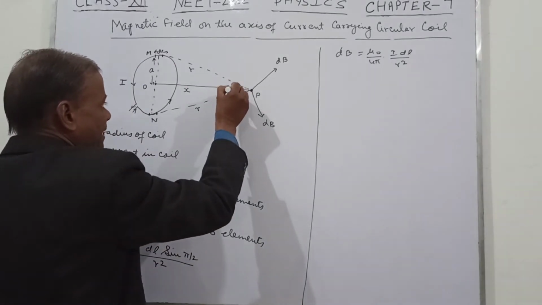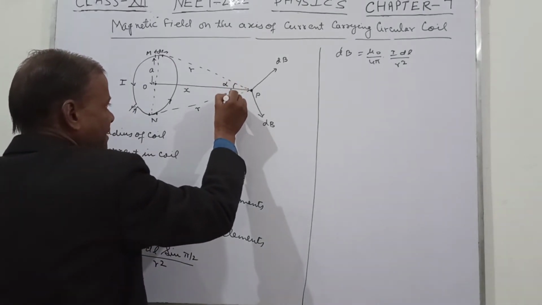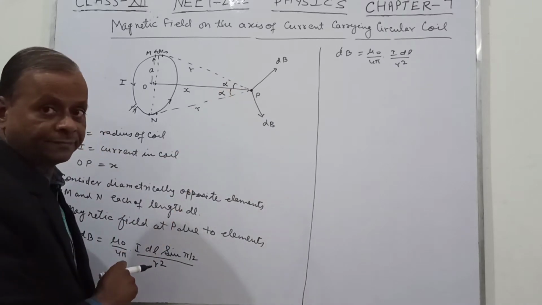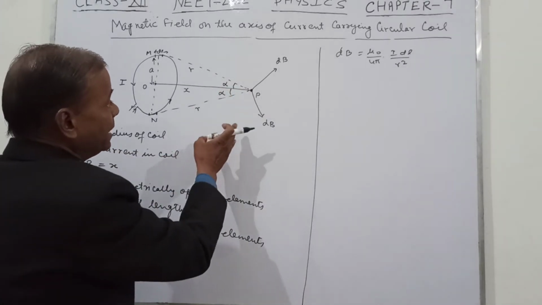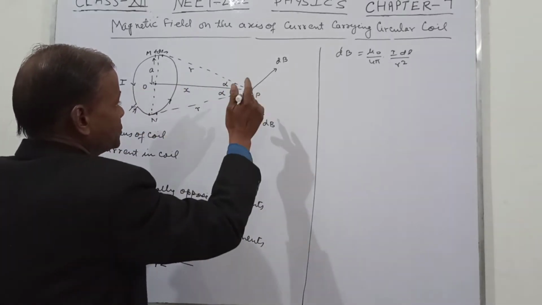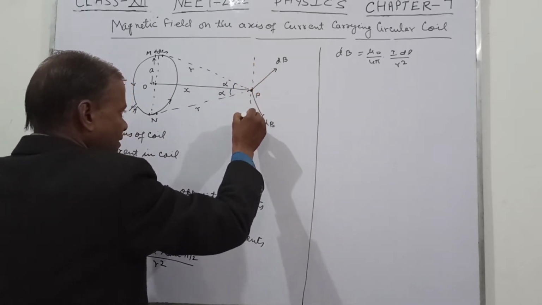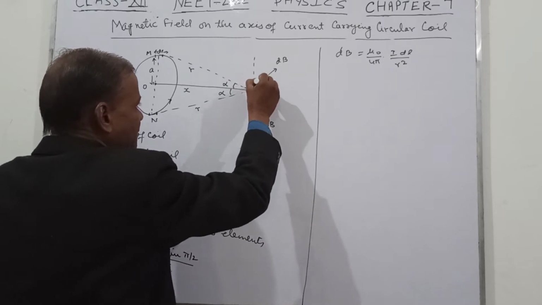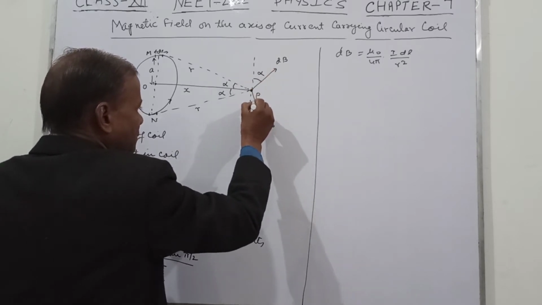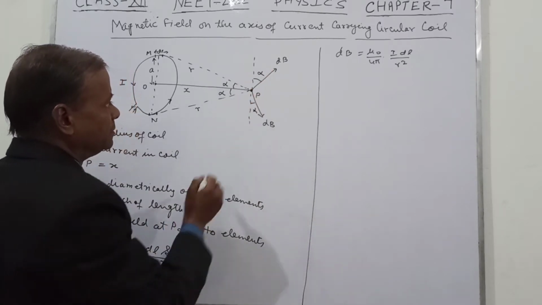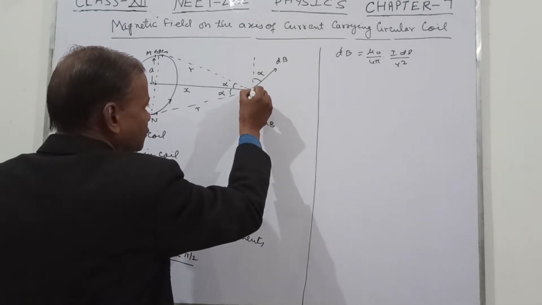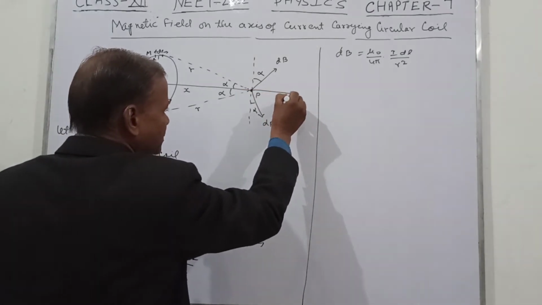This is an angle alpha. So this angle will also be equal to alpha. If we draw a line perpendicular to this axis OP, like this one, then this angle will also be equal to alpha. Now we can resolve this in this direction.